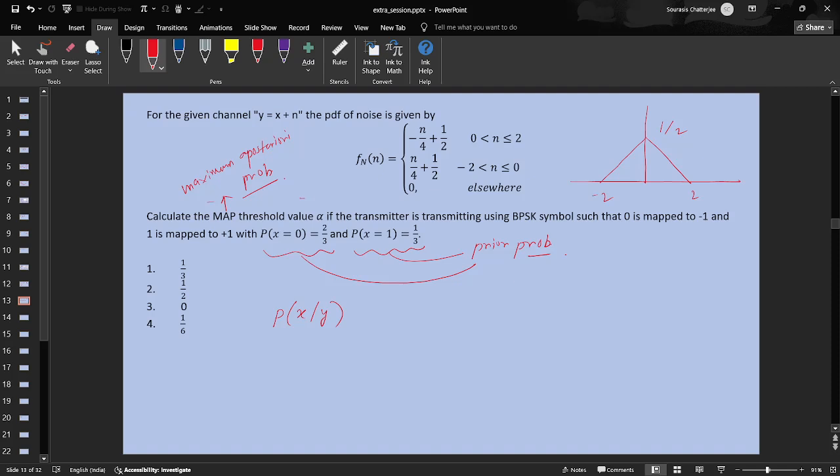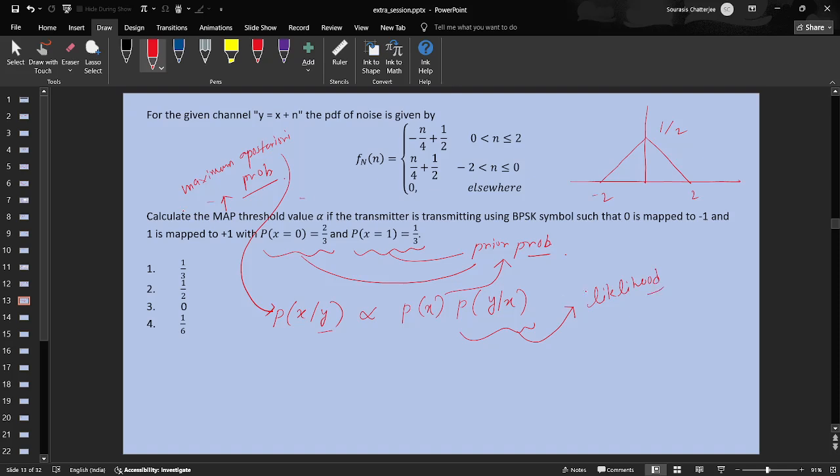So that's why the a posteriori probability is written in this form, p of x conditioned on y. Conditioned means we have seen y, now given y, what is the probability of x being transmitted? And it turns out from Bayes rule that it is proportional to p of x times p of y given x. p of x we have already encountered, this is the prior probability, this is the a posteriori, and this one here is the opposite of a posteriori, it's the likelihood.